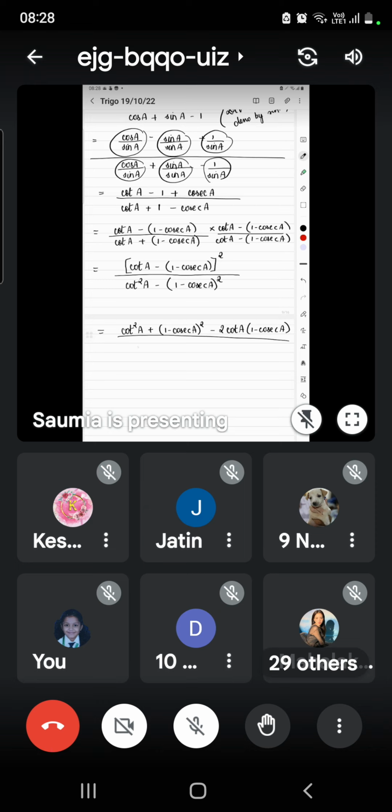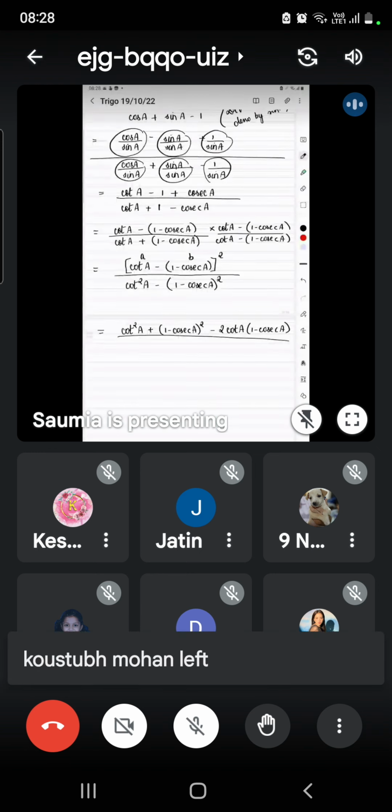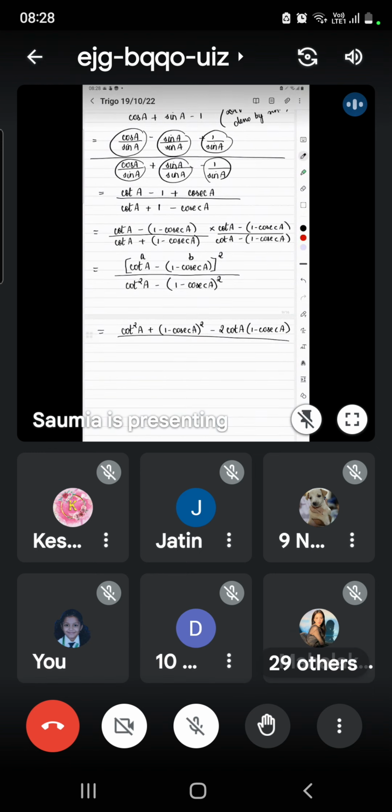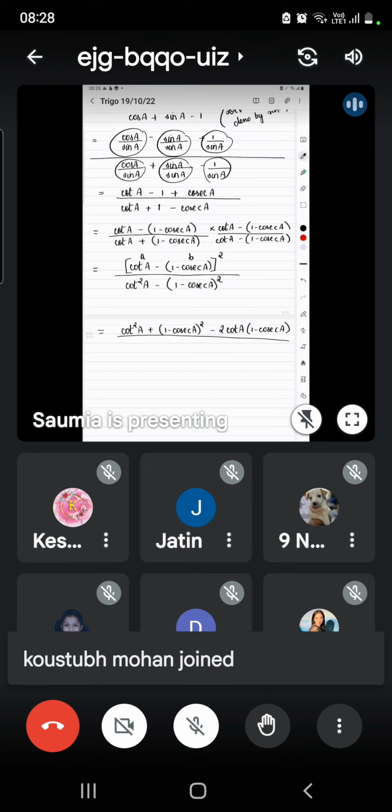Right? What did I do? I only wrote a minus b the whole square, where my cot A is a and this entire expression is my b. So I just wrote a square plus b square minus 2ab. Okay?